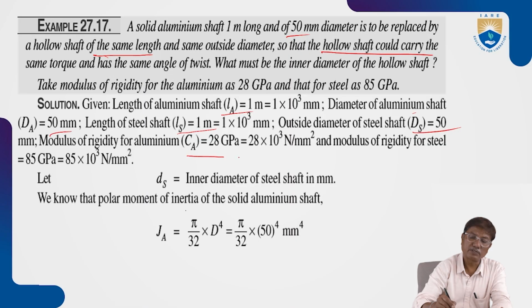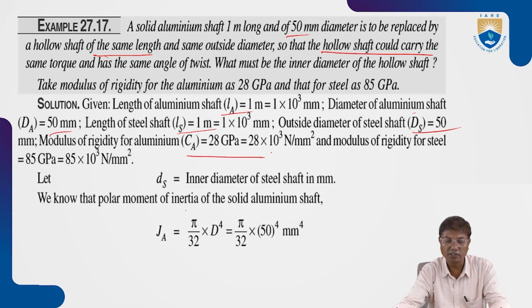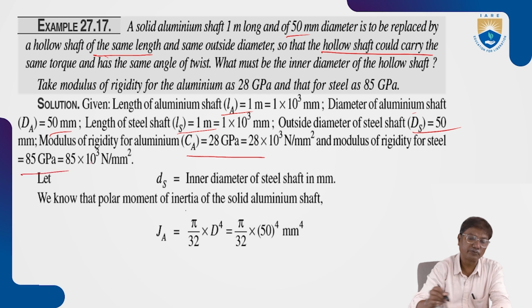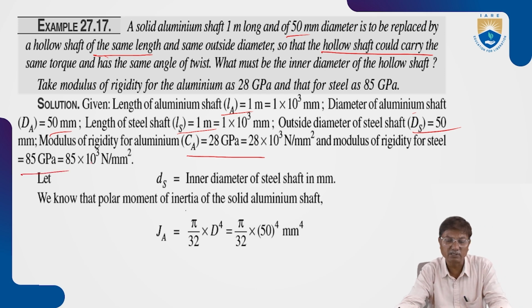Modulus of rigidity for aluminum is 28 gigapascals and that for steel 85 gigapascals. Is it steel or some other material?